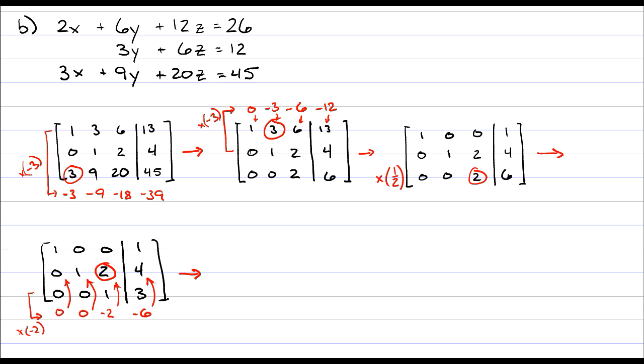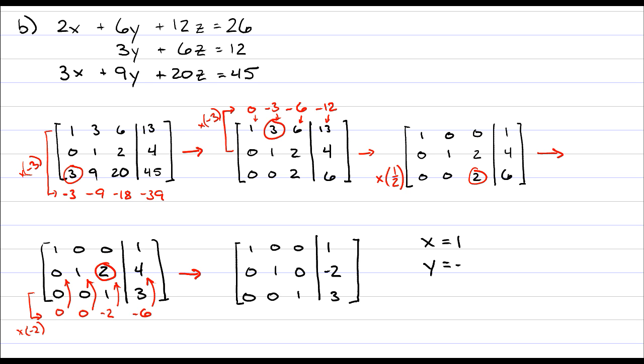If I do that, I'm left with this matrix. 1, 0, 0, 1, 0, 1, 0, minus 2, 0, 0, 1, 3. So my final answer is x equals 1, y equals minus 2, z equals 3.